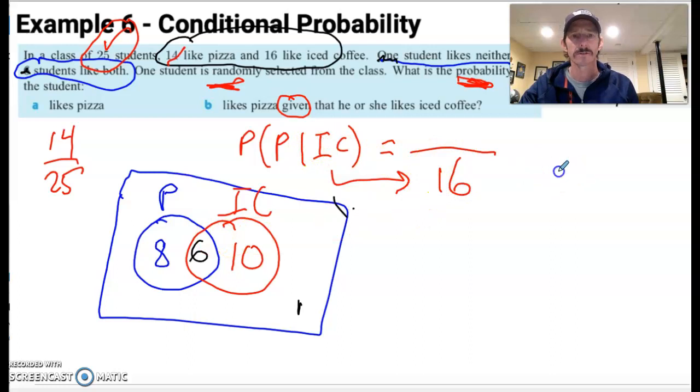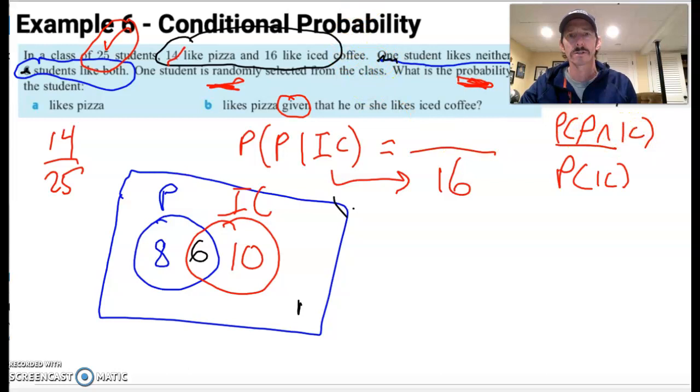The top is going to be pizza and iced coffee, remember from our formula. The top is just interested in both items, so that is this guy right here. So of the iced coffee drinkers, what portion like pizza? Well, it's just this 6 out of all the iced coffee, 16.